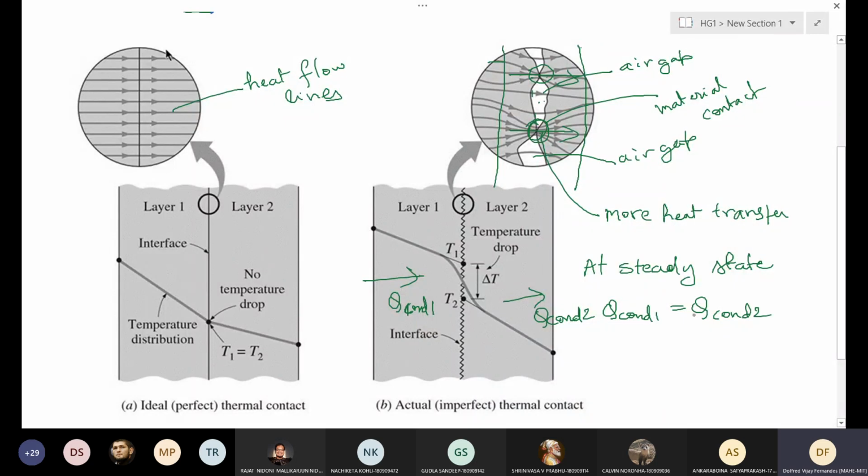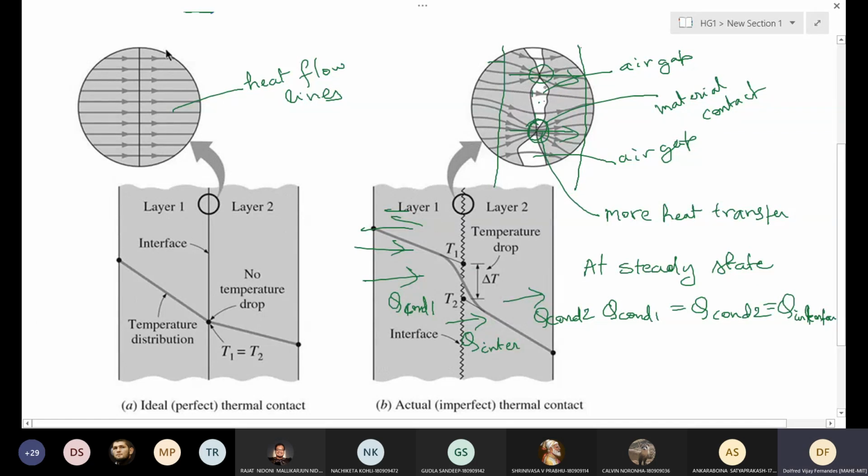What about that? It should also be the same through the interface. Okay, but here the flow lines are all parallel to each other everywhere. At the interface they deviate and more heat will pass through wherever there is a material contact.